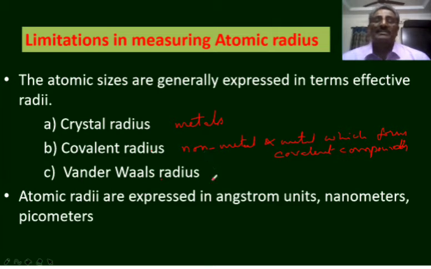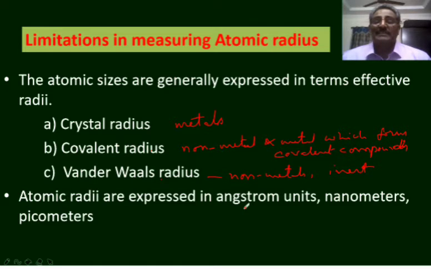And van der Waals radius is usually used for measuring the radii of non-metals which form only the covalent compounds. For inert gases also, the van der Waals radii are used for measuring the radius.